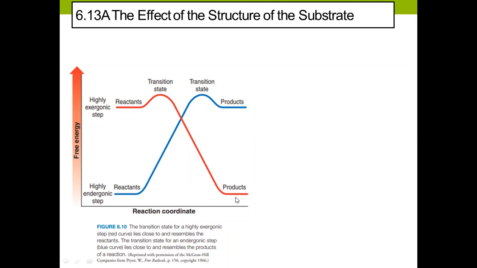If you compare with this blue one, from the reactant to the transition state, there is a large energy difference, in such a way that to reach the transition state before the product, it will take such a long time, because the energy is very high. It needs a lot of energy to overcome, to form the transition state before it goes to the product.